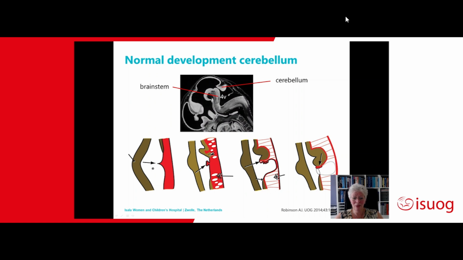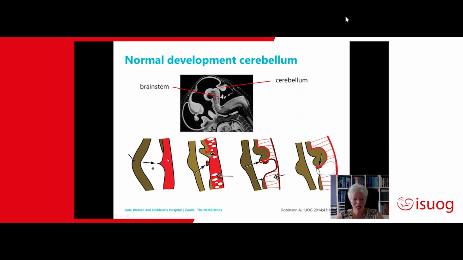And if we look here at the rhombencephalon, this is the brain vesicle from which the posterior fossa develops, we can see that the brainstem and medulla have made the pontine flexure. There we have the fourth ventricle, and what we're particularly interested in is the roof of the fourth ventricle. And here we have a schematic view of this part.